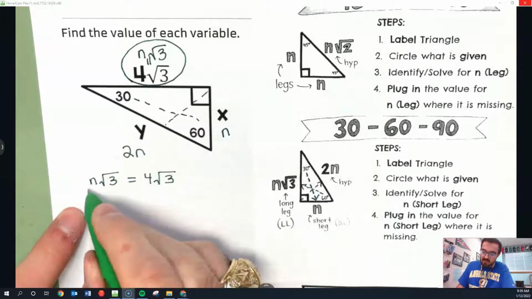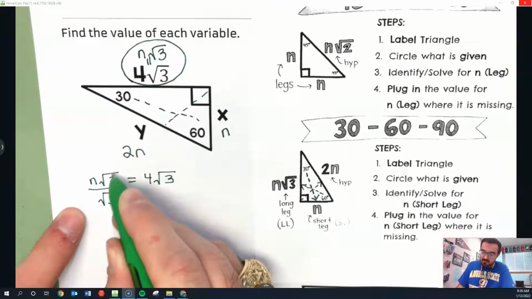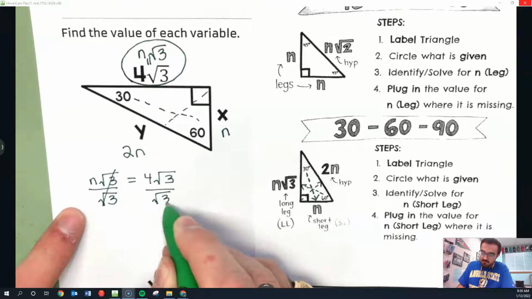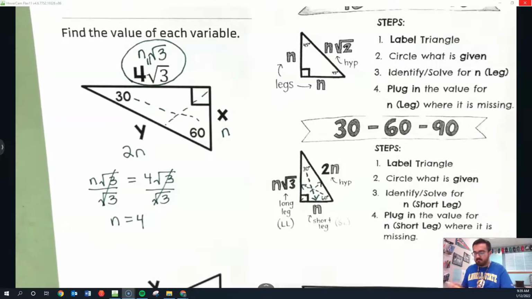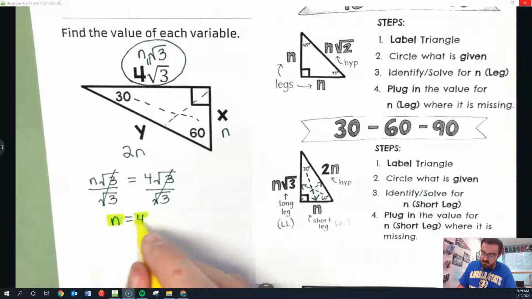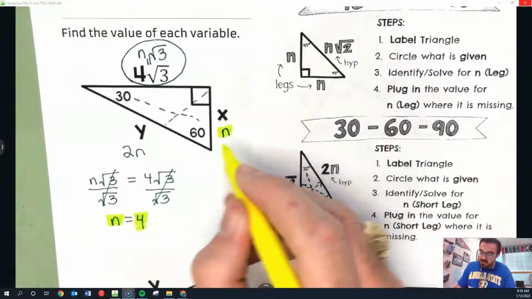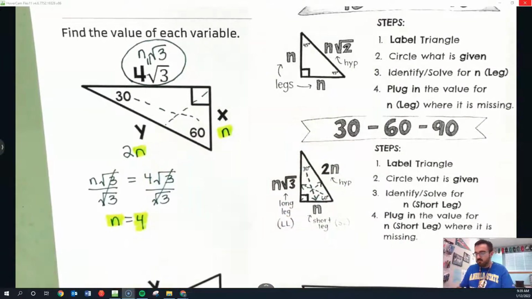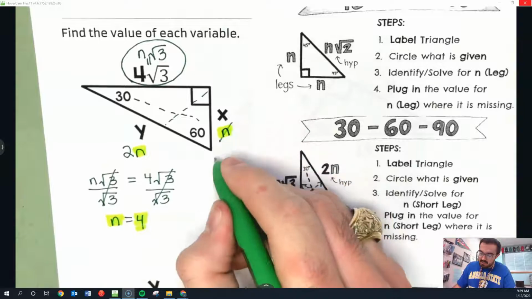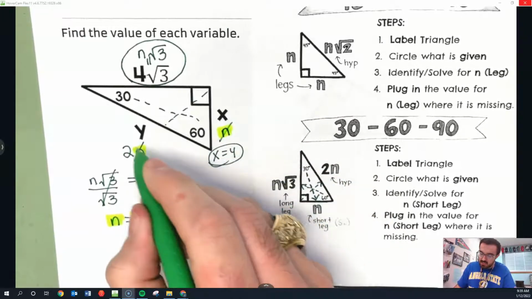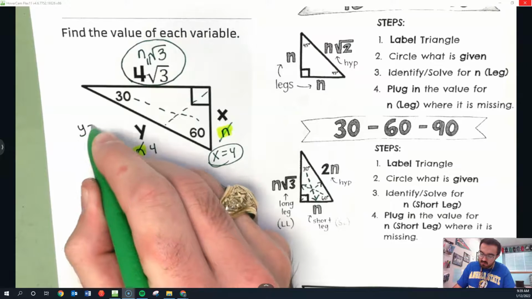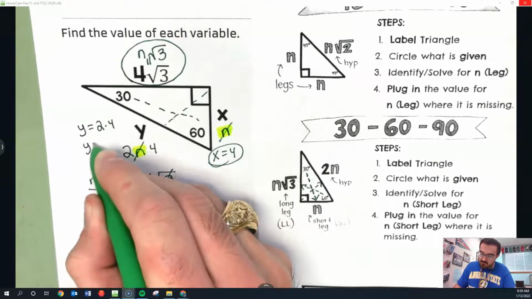We're going to divide both sides by the square root of 3. N is now going to equal 4. So instead of n right here, we're going to replace it with 4. X is going to equal 4. Y is going to equal 2 times 4, which is 8.